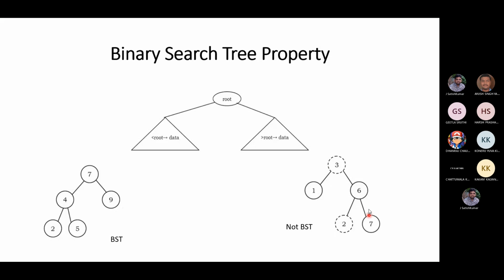For example, 3 is less than 1 is less than 3, that is correct. 6 is greater than 3, this is also correct. 6 is greater than 7, this is also correct. But 6 is less than 2. If this is the subtree, that is correct, but it is not keeping the property with respect to the root. So this is not a binary search tree. Okay, does this make sense?